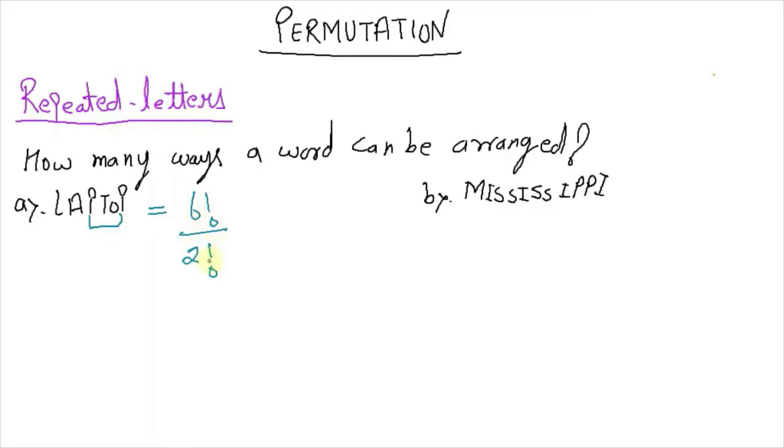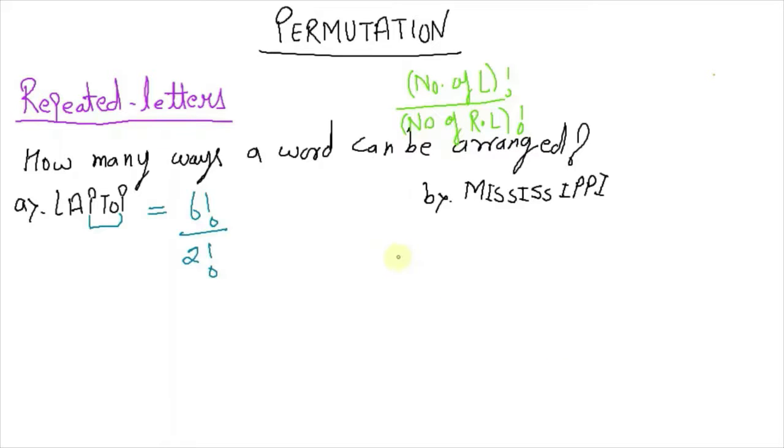By solving this, we can get the answer. We can remember it as number of letters factorial divided by number of repeated letters factorial.